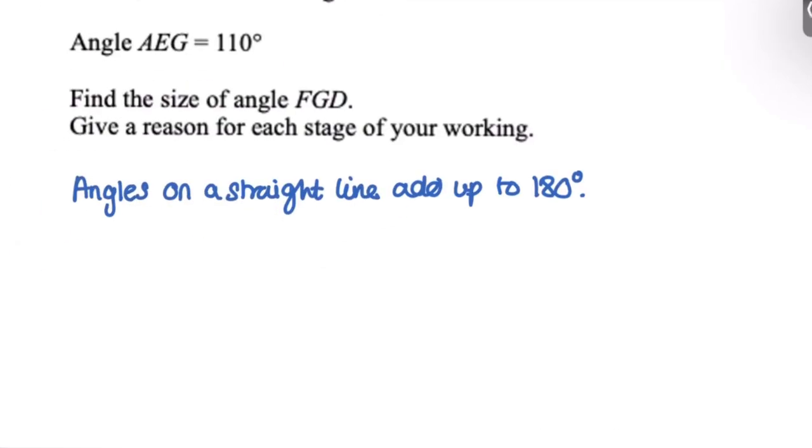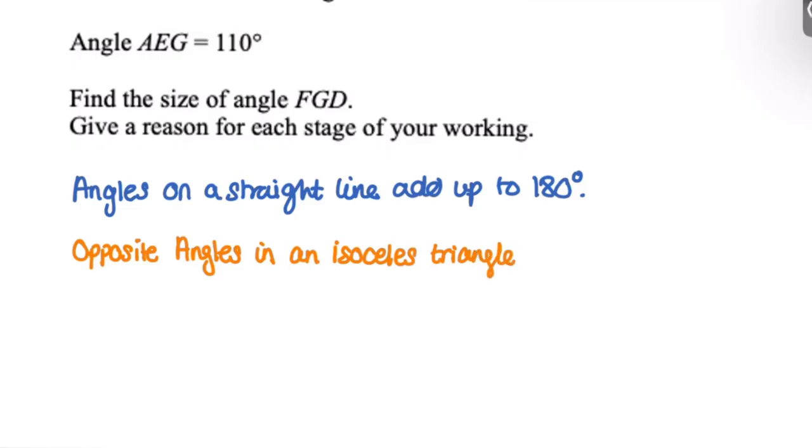So in our explanation, we saw that angles on a straight line add up to 180 degrees. We also used the fact that opposite angles in an isosceles triangle are equal.